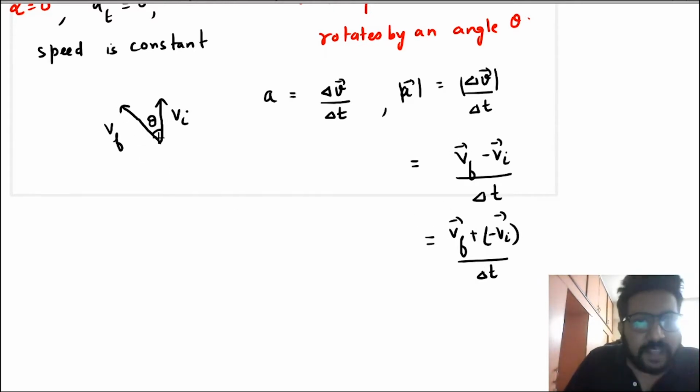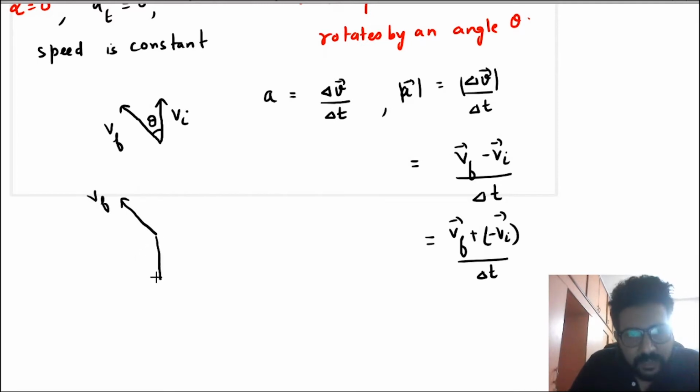Now this is v final, this is v initial. So I will draw it again. This is v final. This is v initial, that means minus v initial is along this direction. Now you have to take the vector addition of these two. So the vector addition of these two will be along this direction.